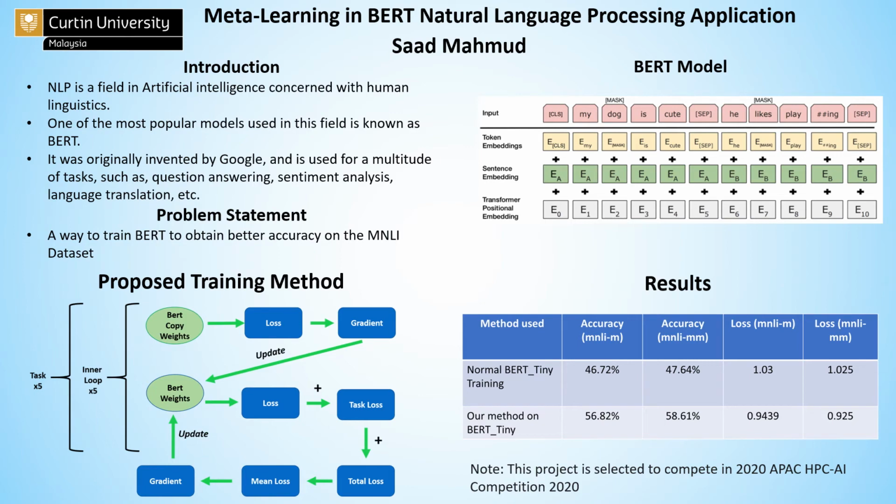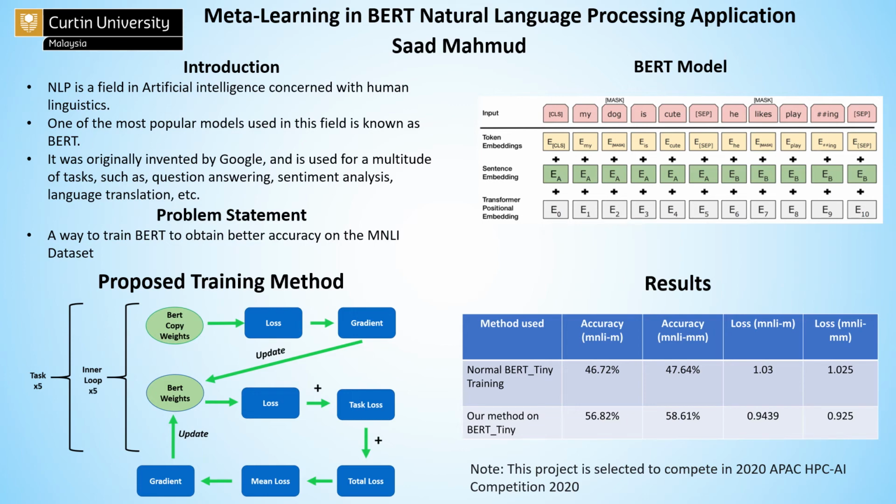So on the bottom right, we compared the results of normal training with our proposed training. We use the smallest BERT model called BERT Tiny, and we tested on the MNLI dataset. The MNLI dataset is one of the datasets that is used to train models in the field of NLP.